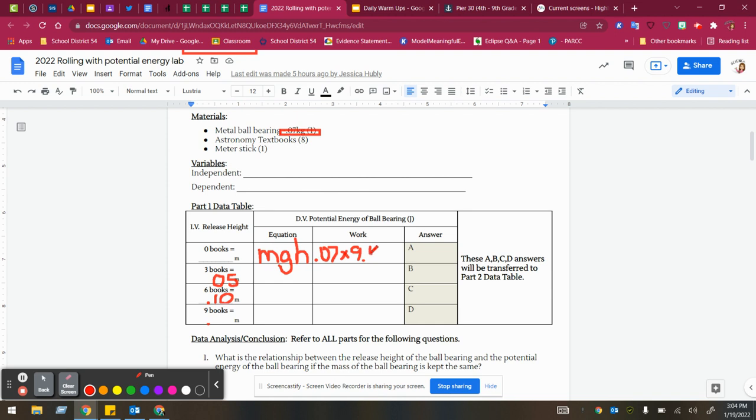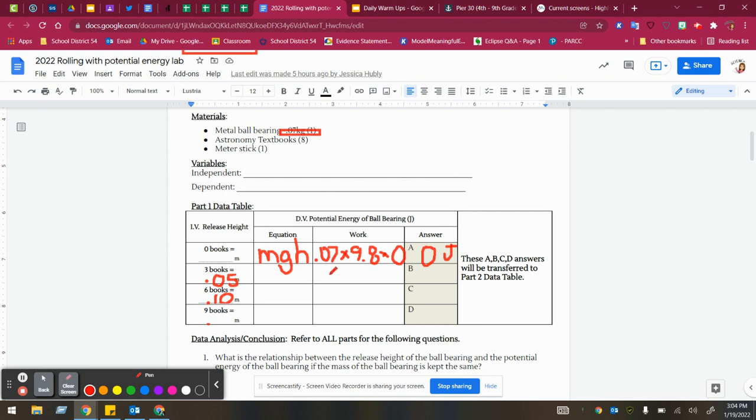And then your height is what is changing in this experiment. In the first example here, our height is 0. So then we get an answer of 0, and our units are joules. You then need to go through and complete the same thing for 0.05 as your height. You'll write mgh again as your equation.